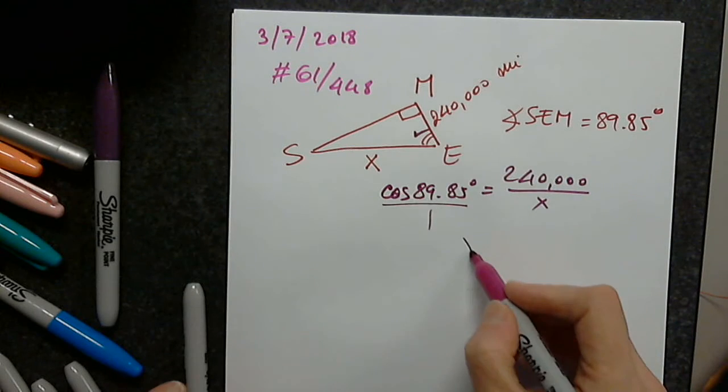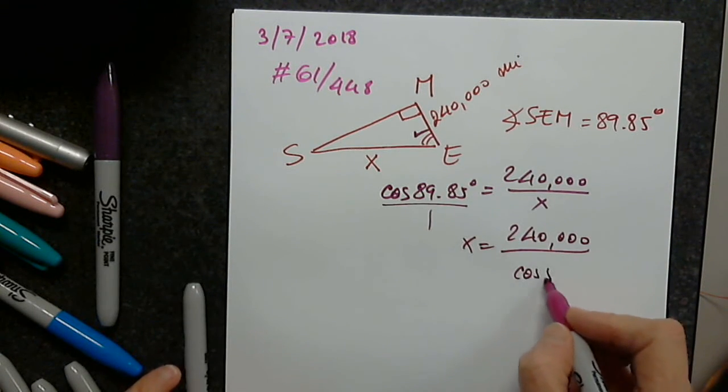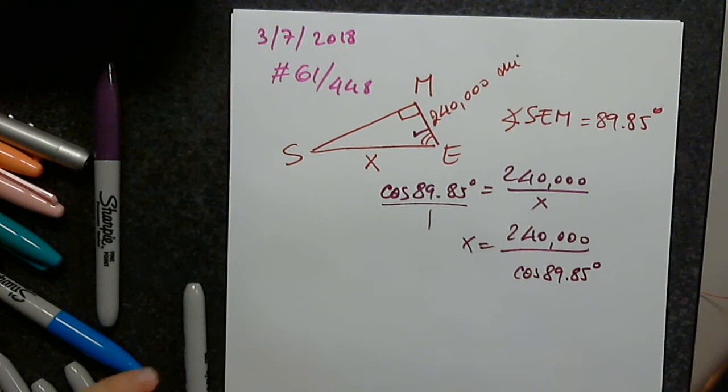So then X equals 240,000 divided by cosine 89.85 degrees. And then you approximate that. Putting in the calculator, remember, the calculator has to be in degrees.